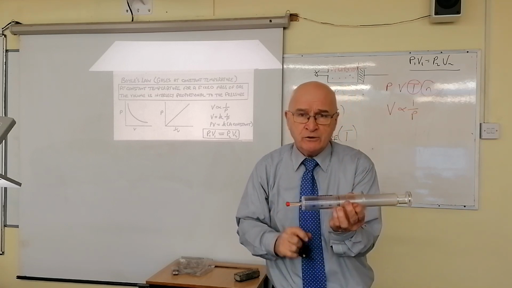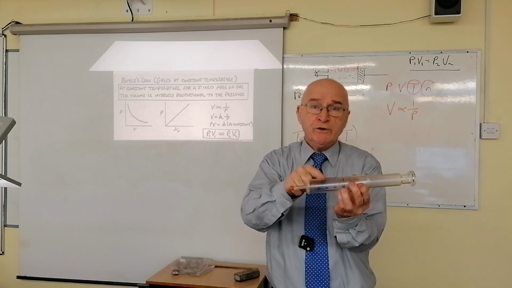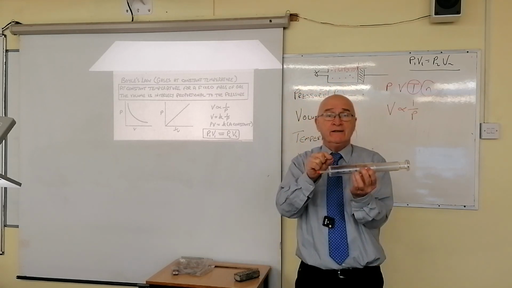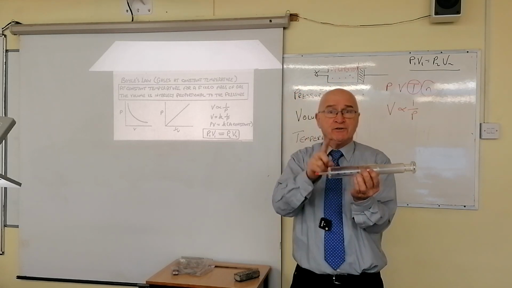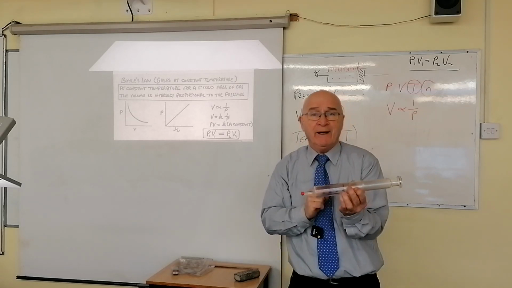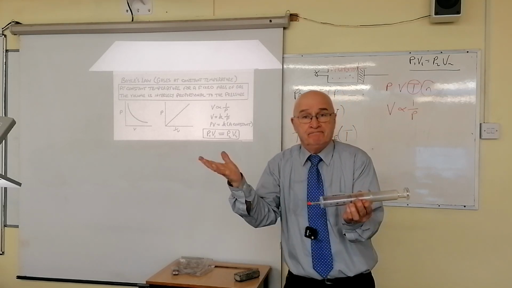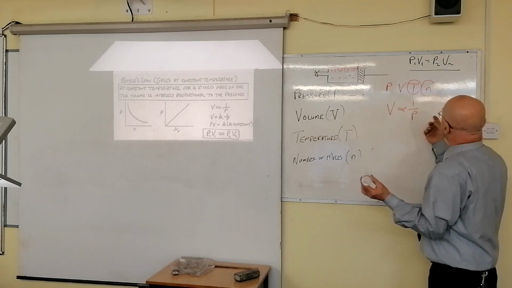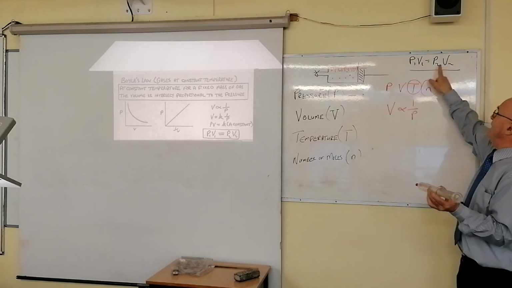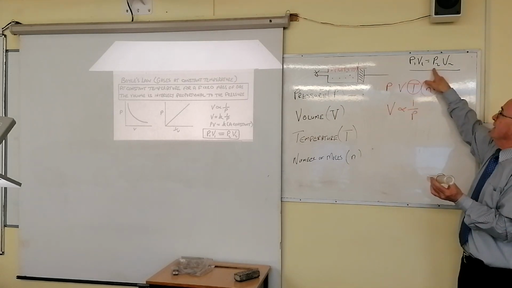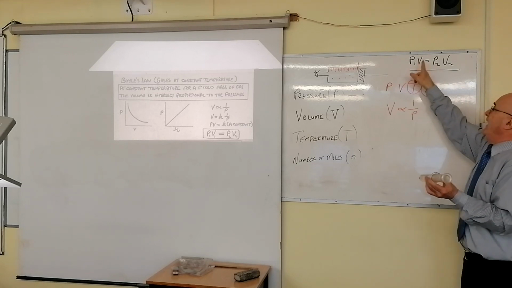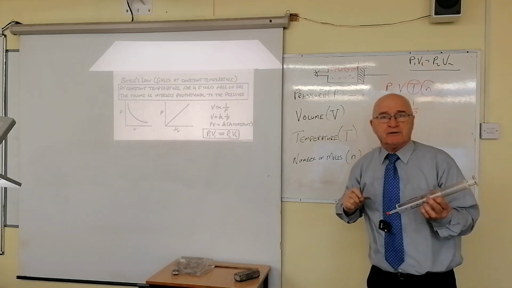I could now ask you, what volume would this gas have if the pressure decreased by 10 kilopascals? That's it. You take that formula, you're given the volume at a known pressure, you'll be given a new pressure, and you'll calculate the volume at the new pressure.